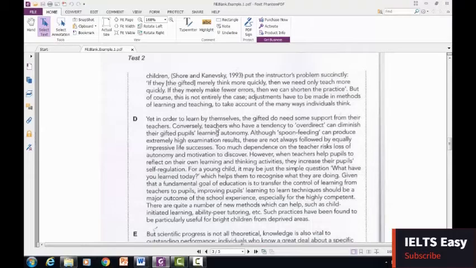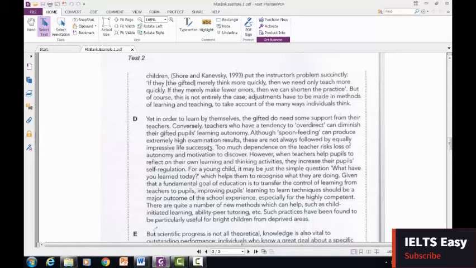I'm going to start there, but we have this sentence, and also this next sentence right here where it says extremely high examination results. What happened here is a situation that happens sometimes in reading comprehension where they'll take two sentences from a paragraph and combine them into one sentence, one compound sentence, one complex sentence, or one long simple sentence, but they'll combine two sentences into one sentence for a question. But when you look at the passage, it's broken up into two sentences. So here we have that situation.